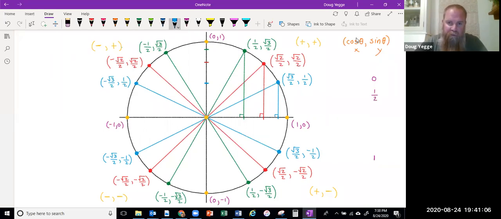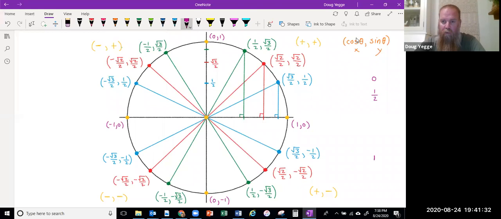Well, that must mean that this value right here of 1/2 or 0.5 is actually a physical y value on my y-axis. As I continue to move myself up this way, I can see that the next y value is √2/2, which is a physical location on my y-axis. It's approximately 0.71.